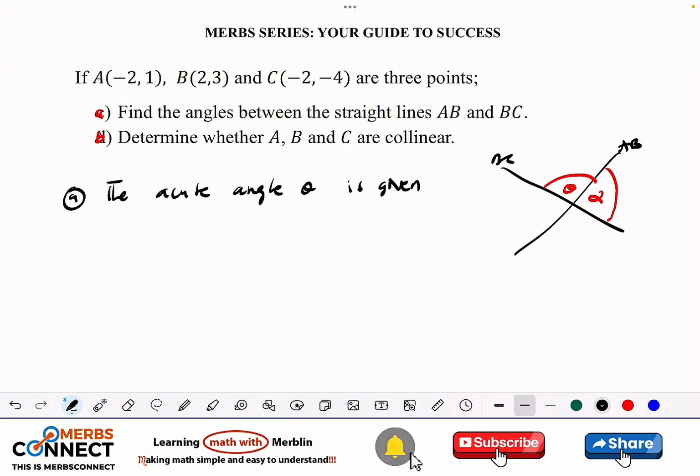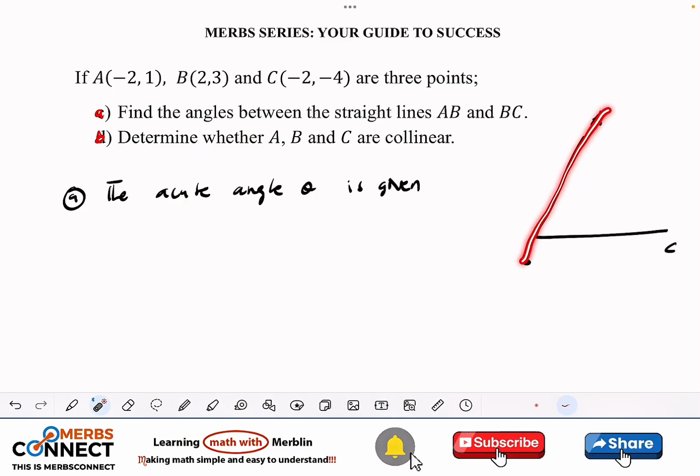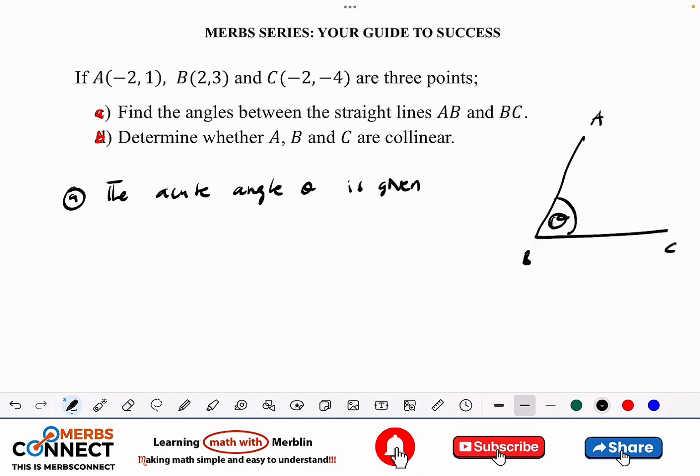This is how I'm just doing it, but basically this is not how the graph is supposed to be, so let me just draw it very nicely. I have this A, B, and let me say this one is C. So I have this line AB here and I have the BC here. So I have the acute angle here because an acute angle is less than 180. Then we can extend the line and have another angle here, which is alpha.